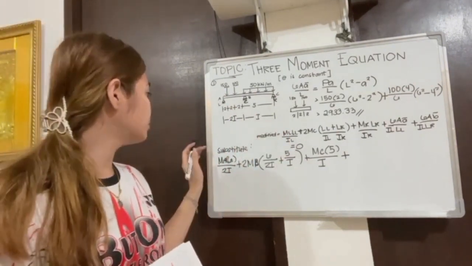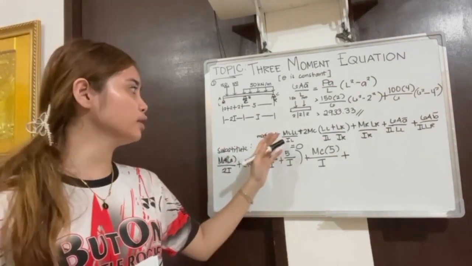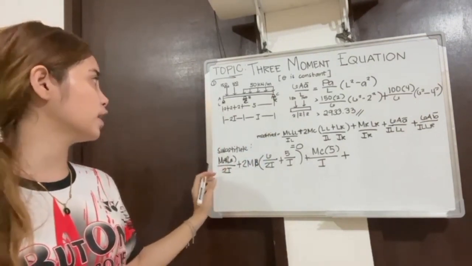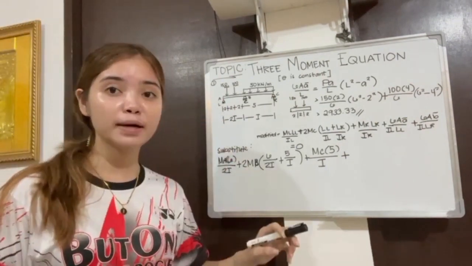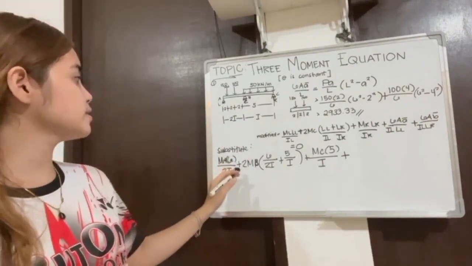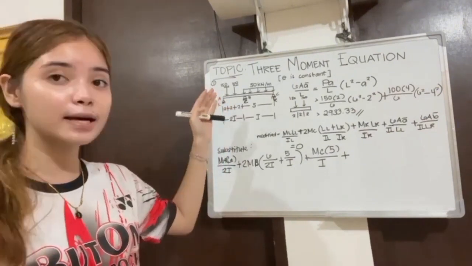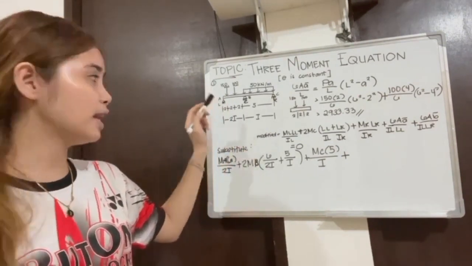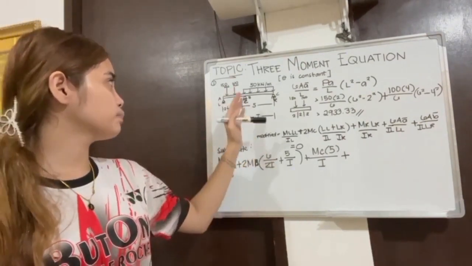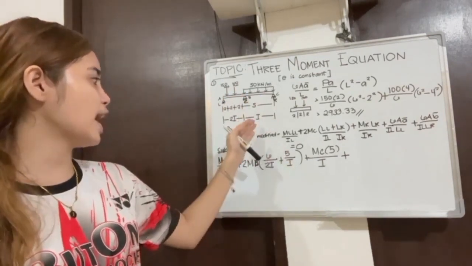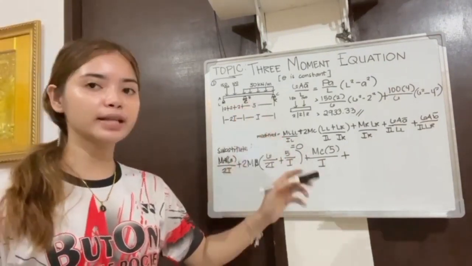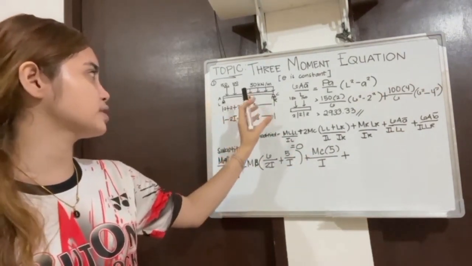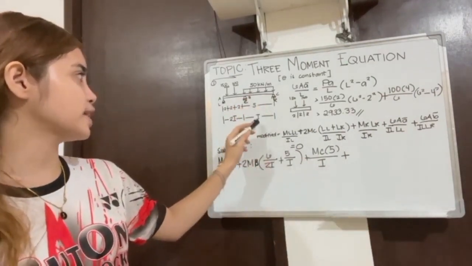So, mao ni ang mulugwa, since ang imong ML or the moment of left, kay naa man siya sa A, so mao ning moment of A times iyang length na 6 over the I, since ang I kay naa man na may value, so imo lang i-substitute ang 2I plus 2 niya imong center is from naa man siya sa B, so mao nang nahimo siya og moment from B times 6 na length from the left over the 2I plus length from the left settlement over I times MC kay ang imong right settlement kay naa man siya na locate sa C times length niya na 5 kay gikan man siya sa right nga settlement over the I plus.